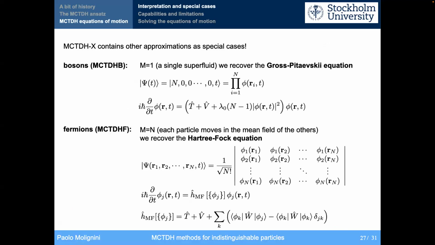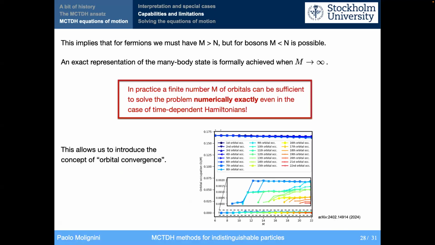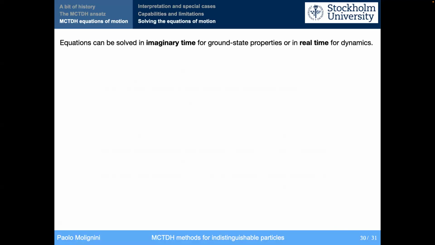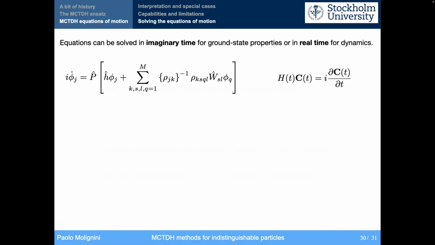Can I ask? Yeah. I have a physics question. In the orbital equation of motion, can you give me an intuition of why I am projecting out of the orbitals that I have chosen? No, not really.